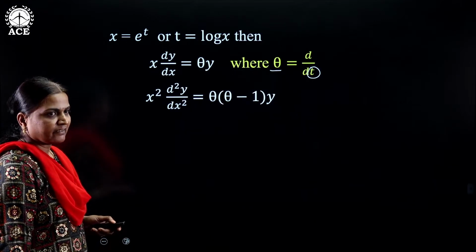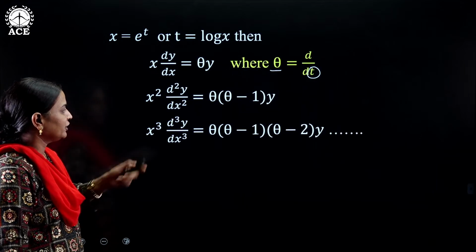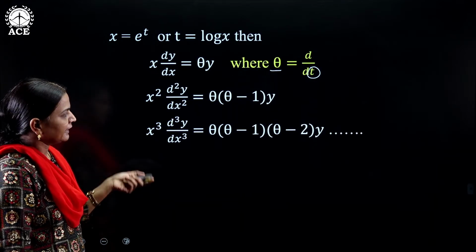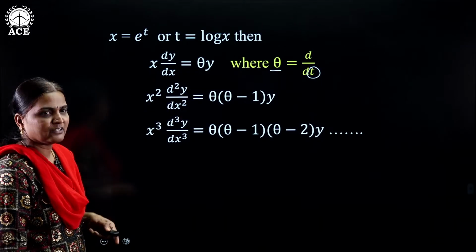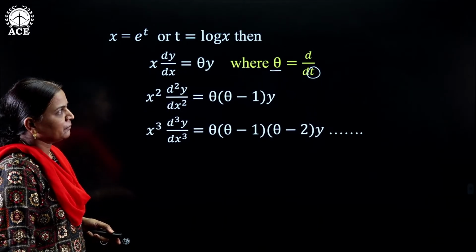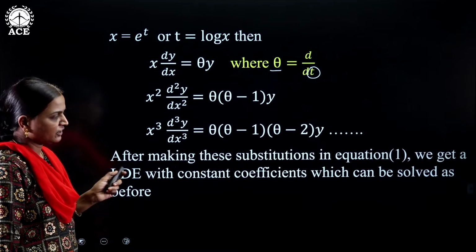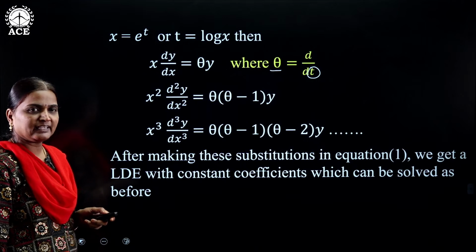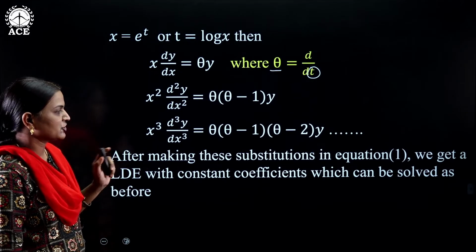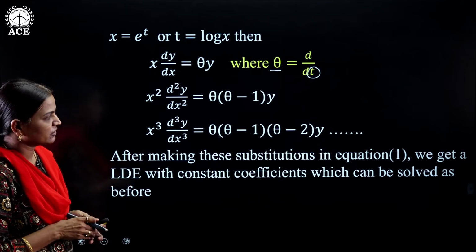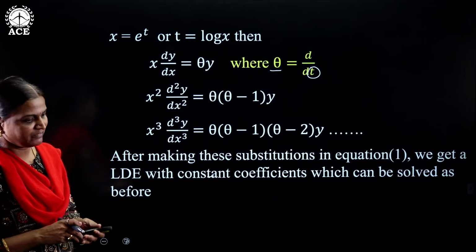X square into d square y by dx square is theta into theta minus 1 into y, and x cube into d cube y by dx cube is theta into theta minus 1 into theta minus 2 into y. In all the cases, theta is the differential operator, that is d by dt. And if we substitute all the values in the given equation, therefore equation 1 becomes a linear differential equation with constant coefficients. And we know how to solve that linear differential equation with constant coefficients using the previous methods.